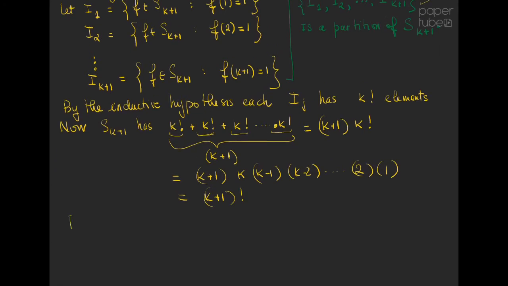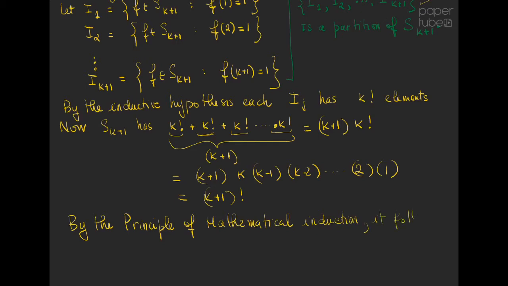Okay, so then by the principle of mathematical induction, it follows that Sn has n factorial elements for any natural number n.